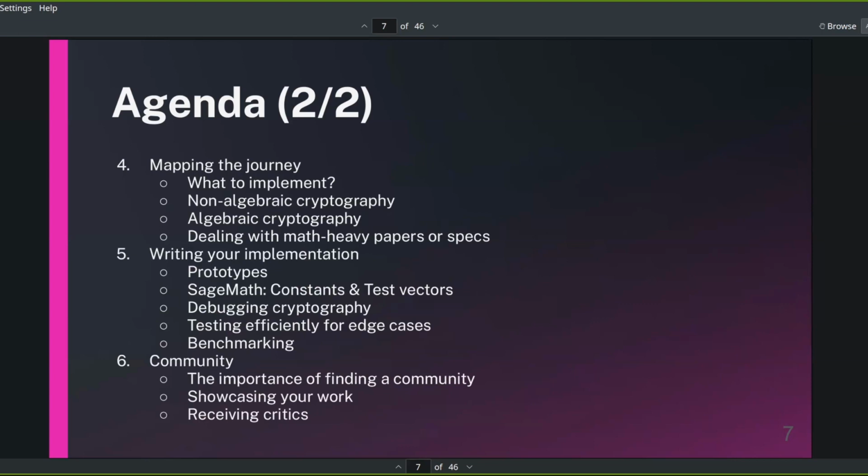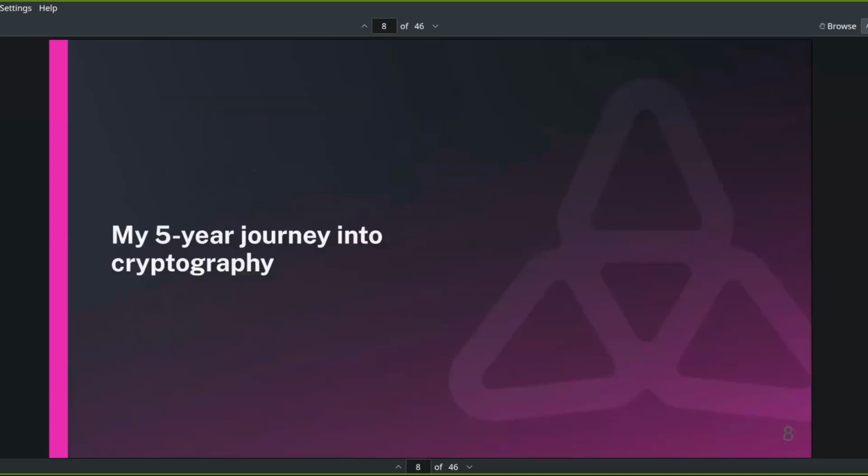I think it's important to stay motivated and continue, and then learn how to receive critics, and last but not least, receiving critics from cryptographers, because cryptographers tend to meet a lot of what is called crackpot cryptography. People that think they did unbreakable ciphers or schemes, and then they become grumpy old men, I guess. So I'll address that as well.